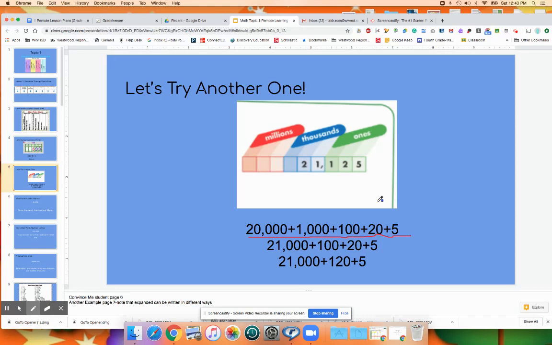But the new way we learned this year showed us that I can group the digits in the thousands period together. So this is 21,000. I could say 21,000 plus 100 plus 20 plus 5. I can also say 21,000 plus 120, group those two together, and then add the ones. I'm sure there are several other combinations we could do. All are correct.